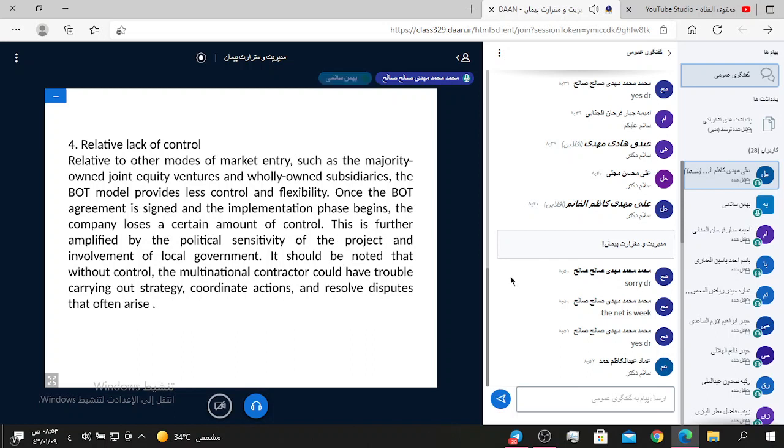The company loses a certain amount of control. This is further amplified by the political sensitivity of the project and involvement of local government. It should be noted that without control, the multinational contractor could have trouble carrying out strategically coordinated actions and resolving disputes that often arise.